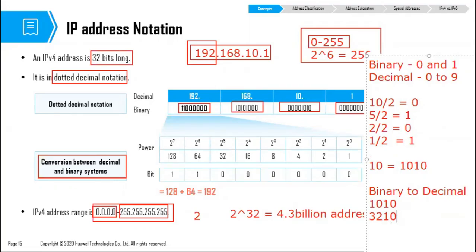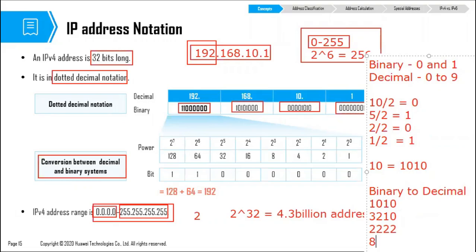So what we do is that we raise 2 to each of these positions. So 2 raised to power 3 is going to be 8.